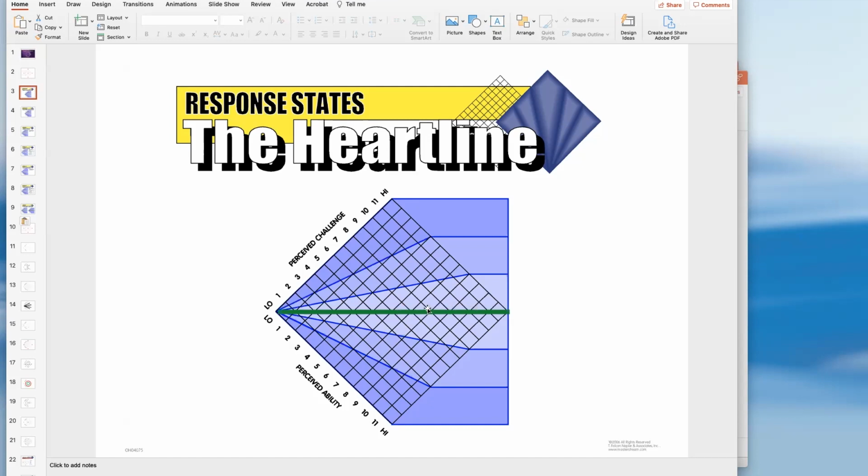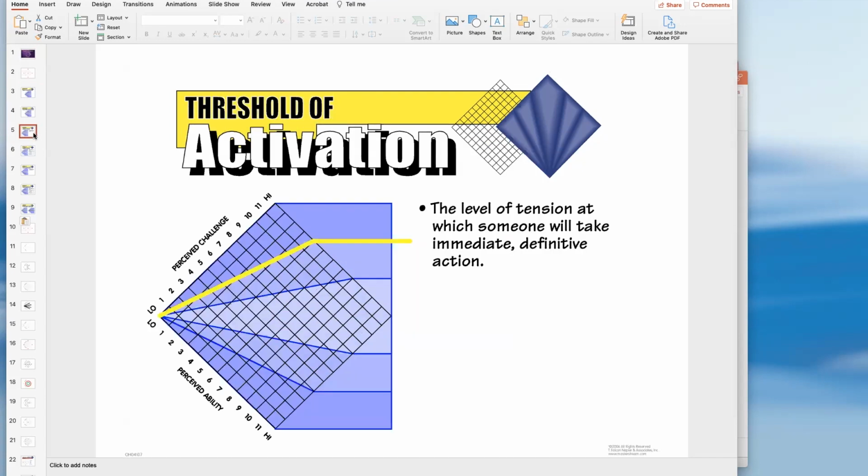Just because we're on the heart line does not mean we have enough tension in order to get whatever needs to be done. Now, this is where we come into the discussion about the threshold of activation. The threshold of activation is the level of tension at which someone will take immediate definitive action on whatever that activity happens to be.